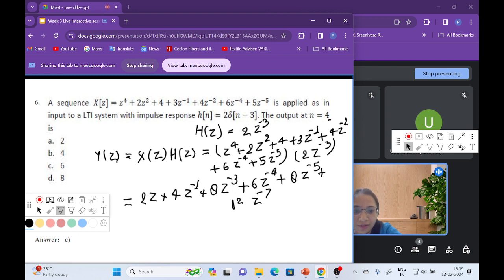This is 12, plus 10 z to the power minus 8. Just make it correctly.